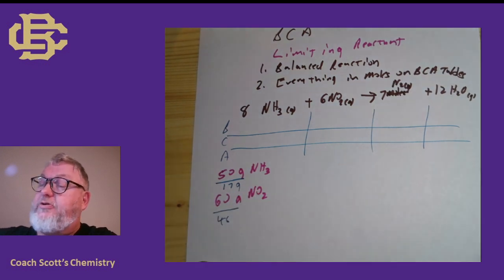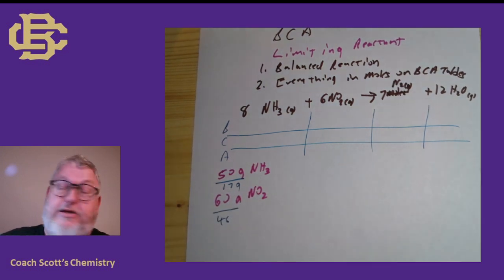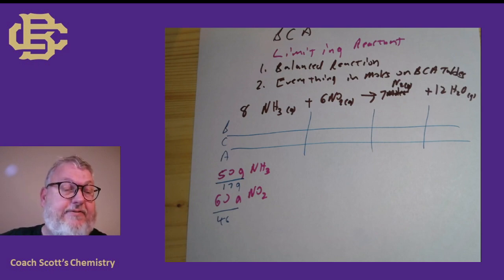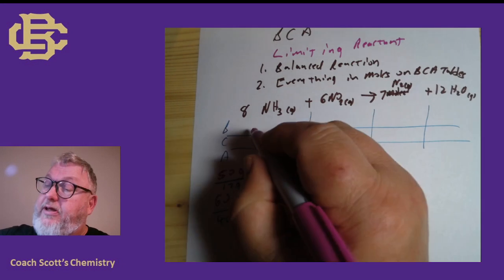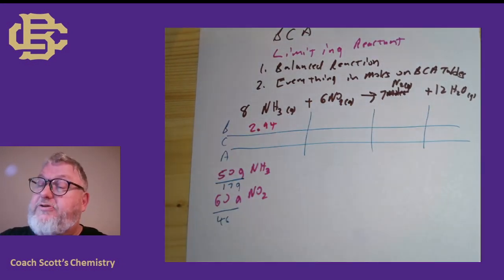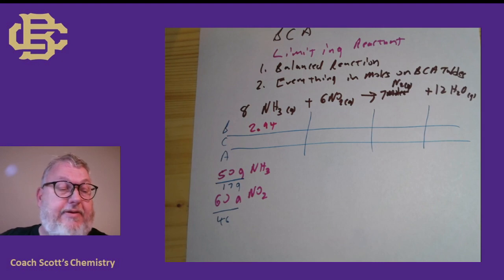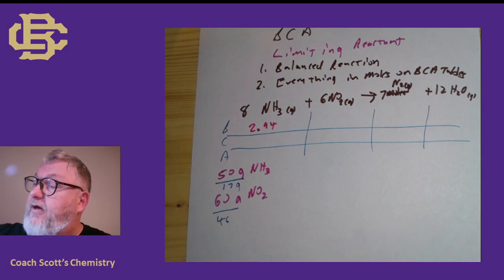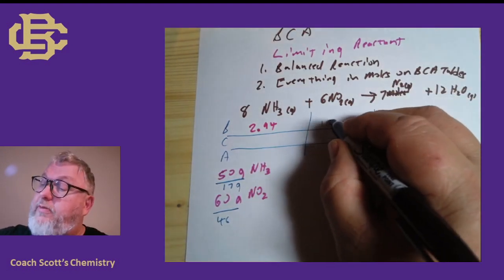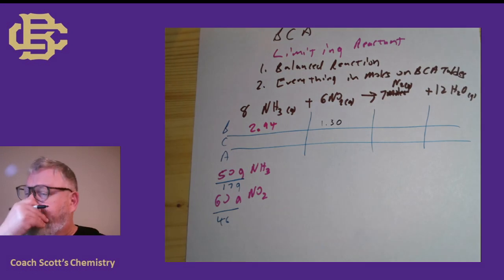So I do that, and I see that I have 2.94 moles of NH3. And then for the NO2, I've got 1.3 moles.